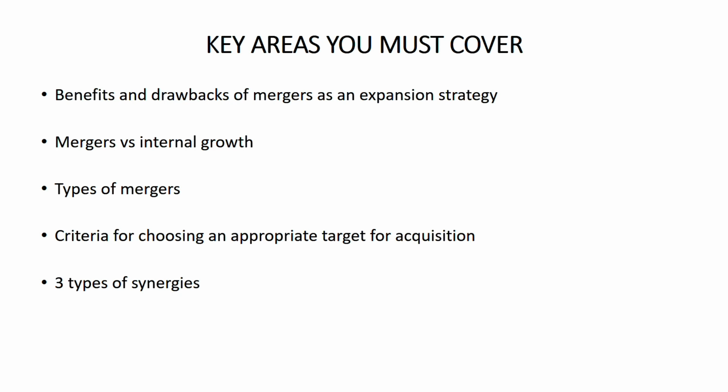Financial synergy: tax benefit, or the use of cash, or diversification to reduce risk, or debt capacity could be increased. So these are the types of financial synergies, right? You can even write it down while I'm speaking the points, or you can just go through your textbook and it's there. Everything is there in your textbook. Everything I've summarized, and I'm trying to explain the key points which you have to cover.